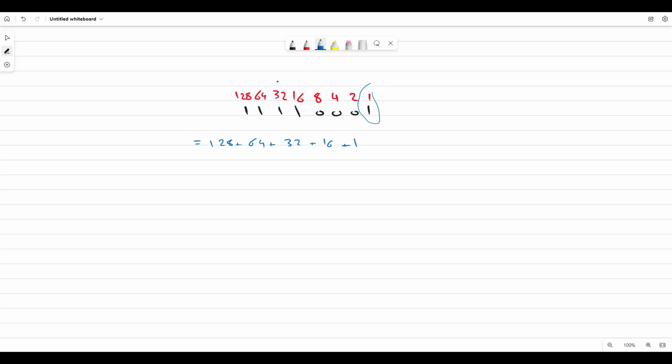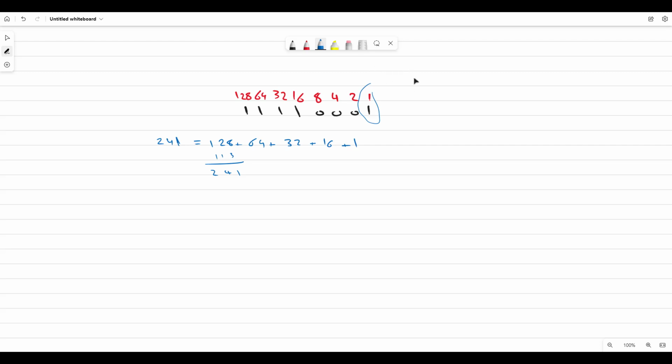So how much do we get? 17 plus 32, 49, plus 64, we will get 113, plus 128, we have 241. This is the Denary value of the given binary number.